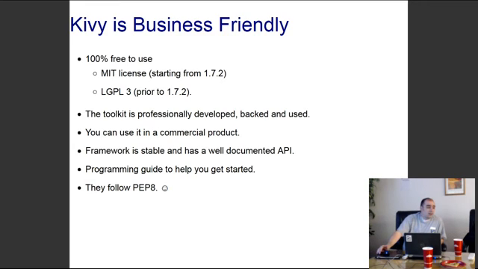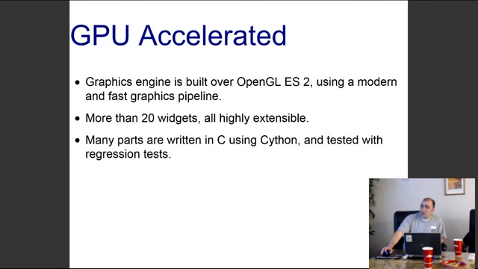The other thing that was very impressive to me is that they follow PEP 8. As you guys know, I'm kind of a big PEP 8 Nazi, and so push hard for good, solid, clean, well-written code. And from what I've seen on Kivy and from what I've seen on their instructions, all of their sample code, it's all PEP 8 compliant. They also use GPU acceleration, so they have a fast graphics pipeline.